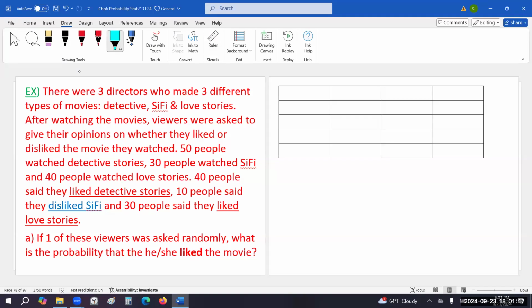Okay, let's read it together. There were 3 directors who made 3 different types of movies: detective, sci-fi, and love stories.